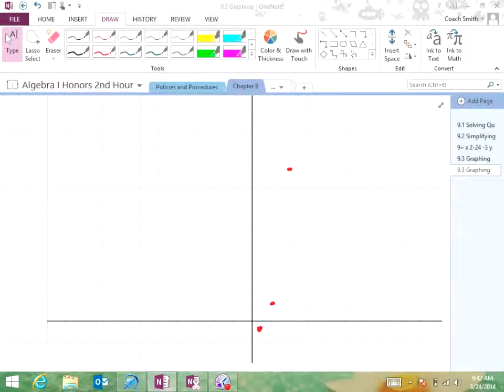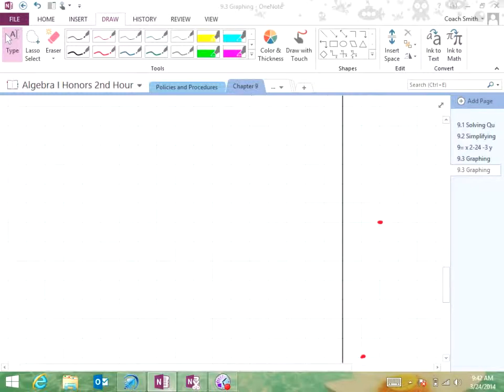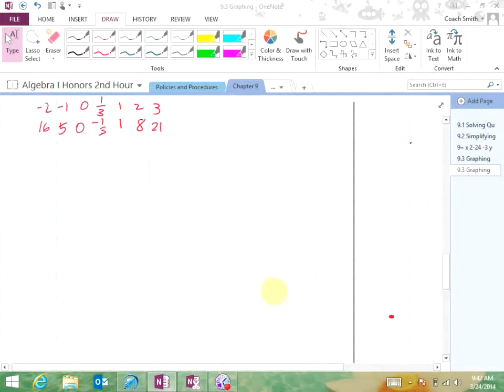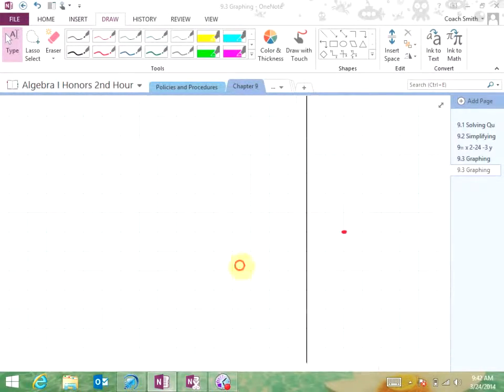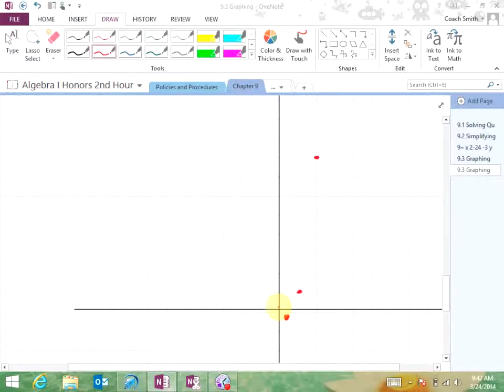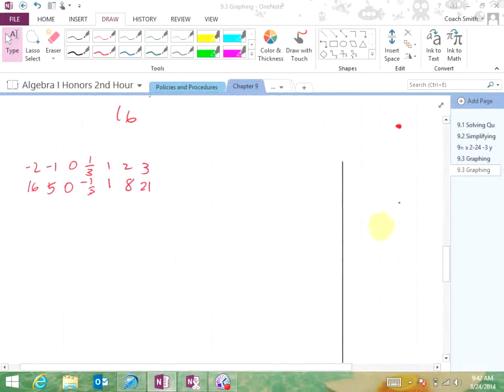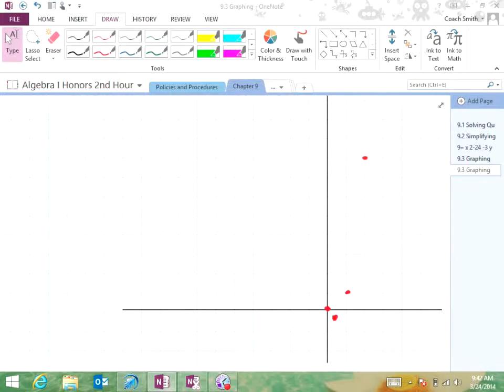Okay. Now the other one is 0, 0. So like I said, it's going to be right next to that one. Then you have negative 1 and 5, which is right there.